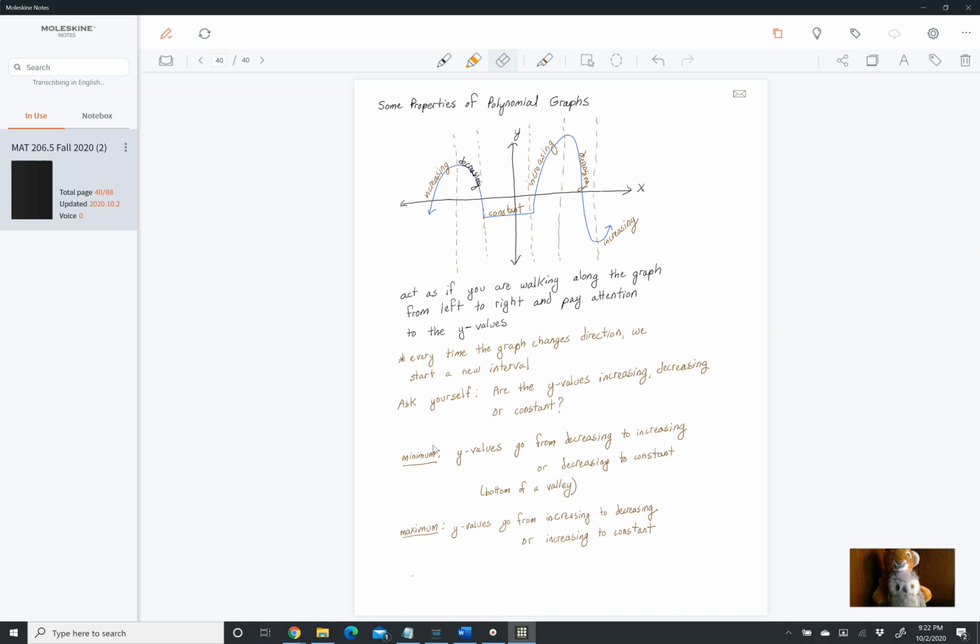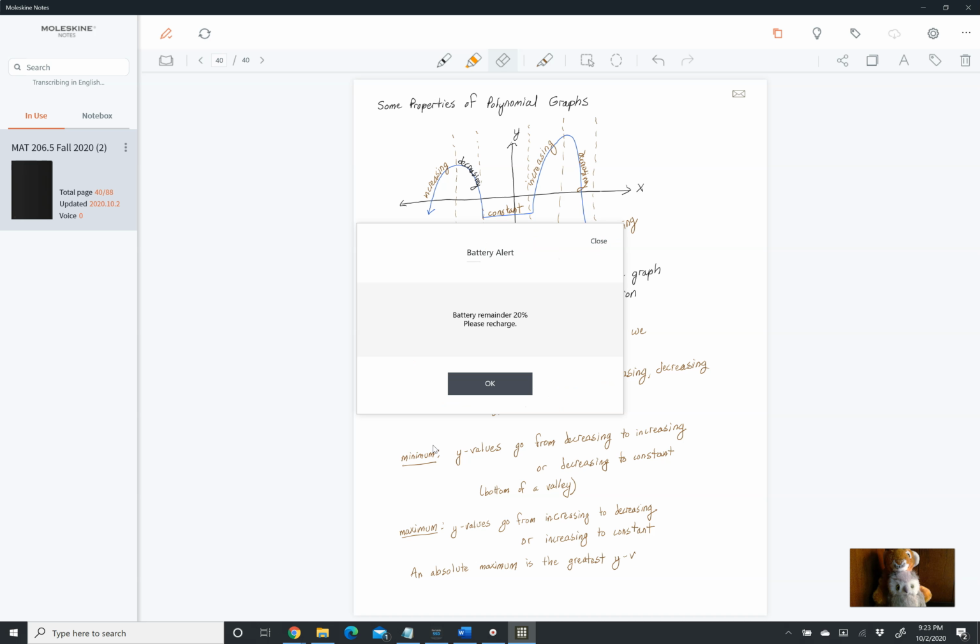So an absolute maximum is the highest y value, the greatest y value.